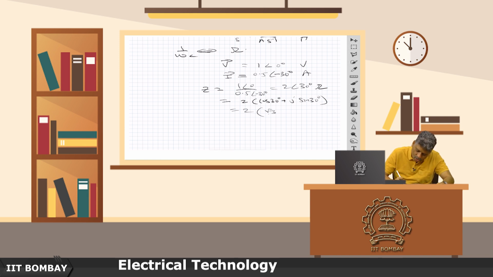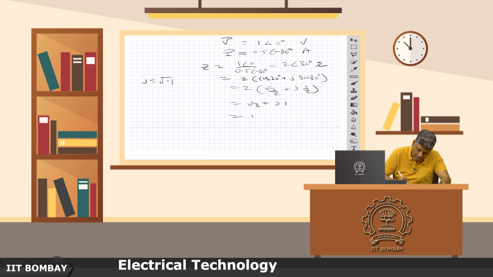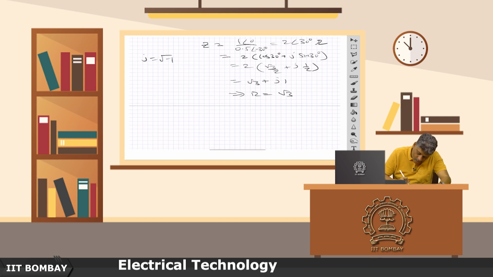So this is 2 root 3 by 2, and j is the imaginary number, the square root of minus 1, times half, and so this will become root 3 plus j of 1, which is to say that R is root 3 and omega L minus 1 by omega C is 1.